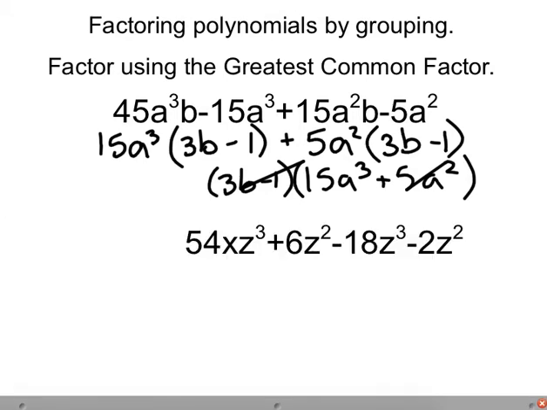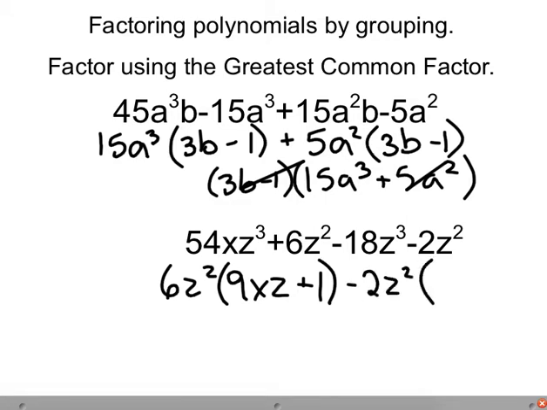And then in this next case, I'll just do a couple more examples here for you. In this next case, I see that I can maybe in the first case factor out a 6z squared, so I have a 9xz plus 1. And then in the second case, I can factor out a negative 2z squared, and I get a 9z minus or plus 1.